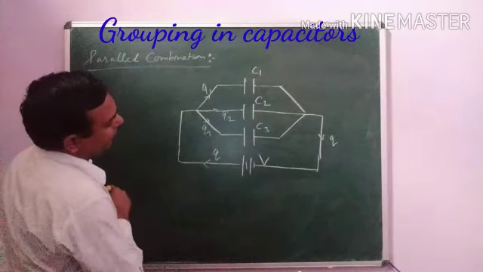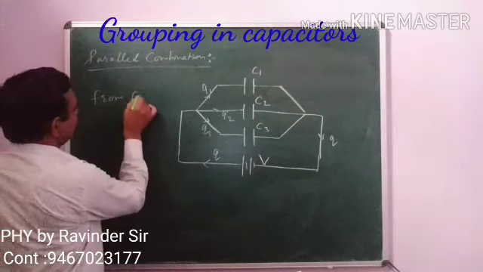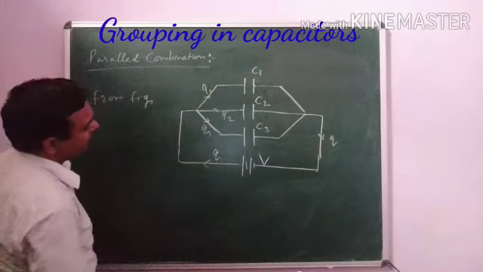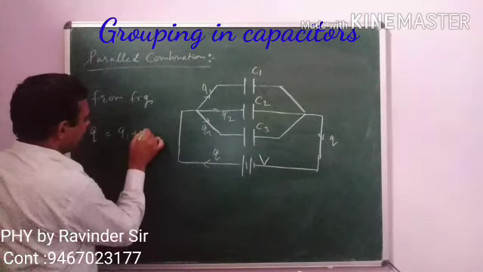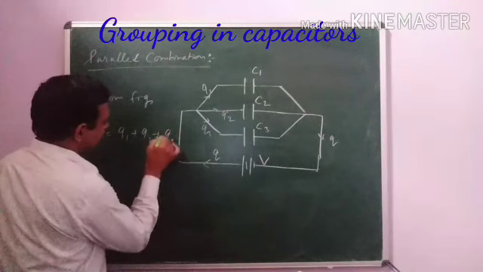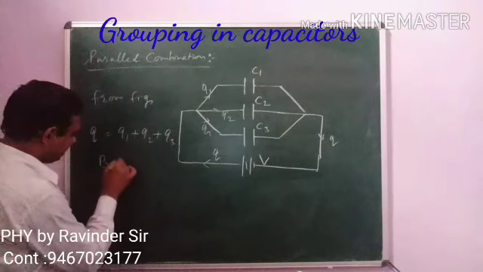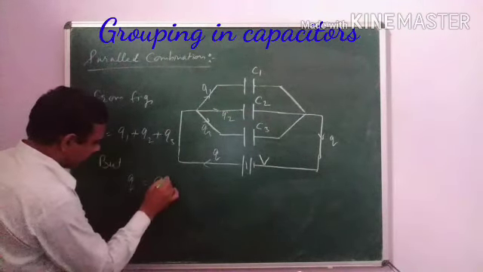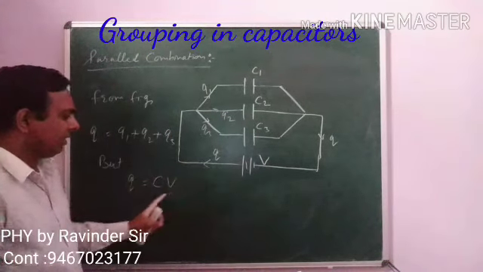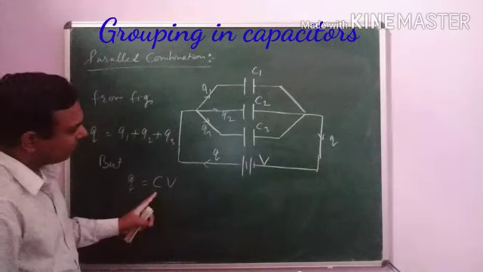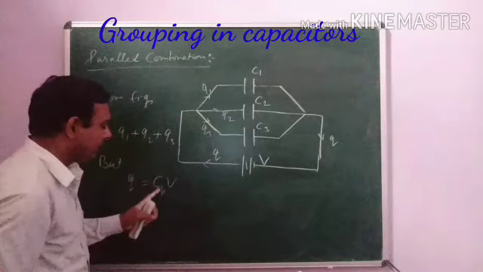From the figure we can write Q is equal to Q1 plus Q2 plus Q3. But Q is equal to CV. Here Q is the total charge and C is the total capacitance. That is, in parallel combination, we can write Cp.